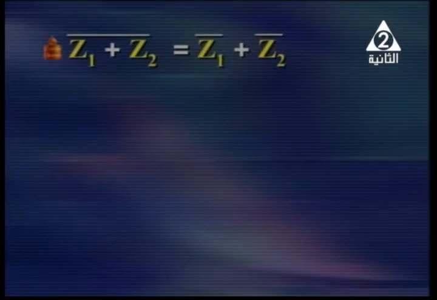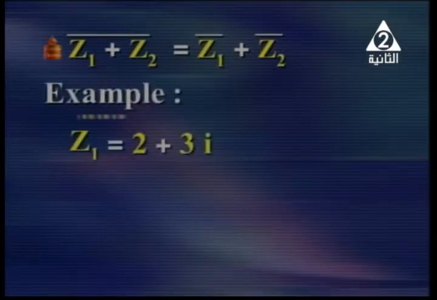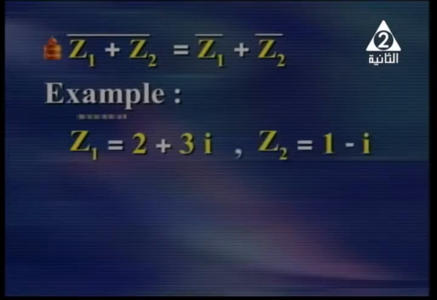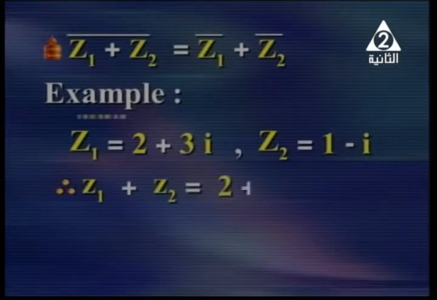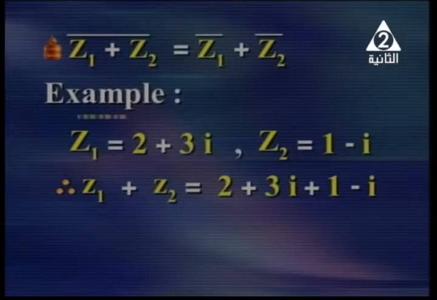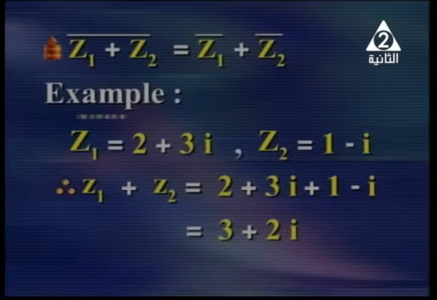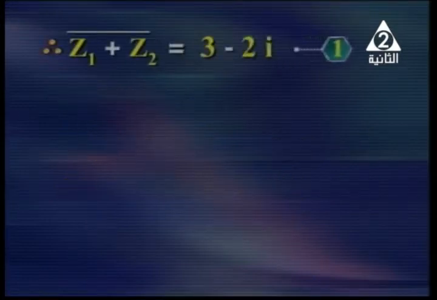Example: let z1 equals 2 plus 3i, z2 equals 1 minus i. When we add z1 plus z2, 2 plus 3i plus 1 minus i, the answer is 3 plus 2i. What is the conjugate of z1 plus z2? Change the sign: 3 minus 2i. This is equation number 1.